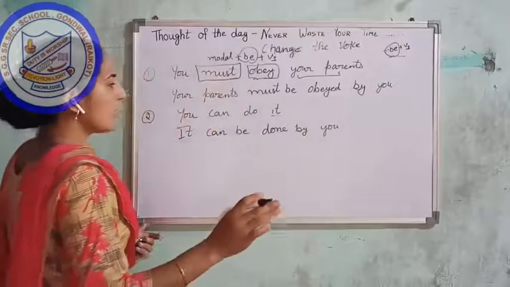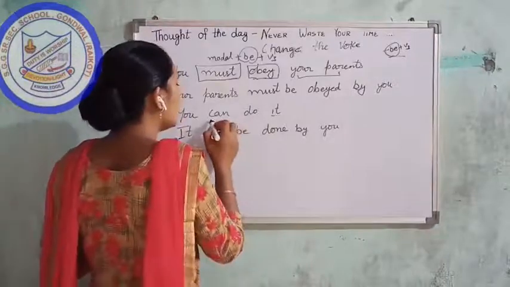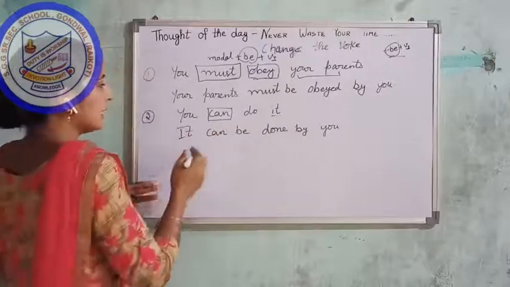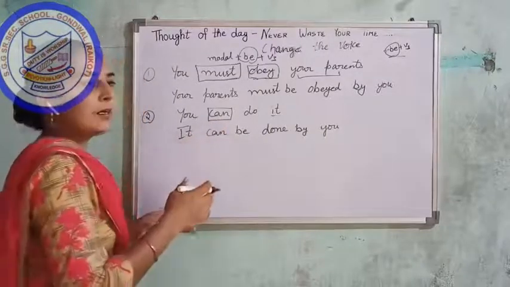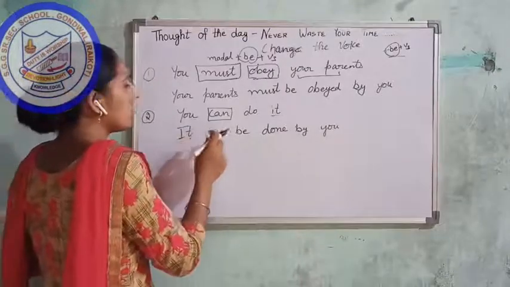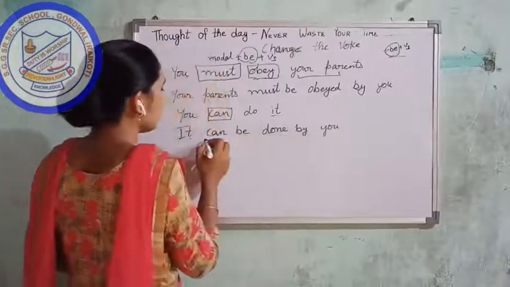Students, please pay attention. Many times you will change it, you think like it is in direct and indirect. So in active and passive voice, there is no change of can.